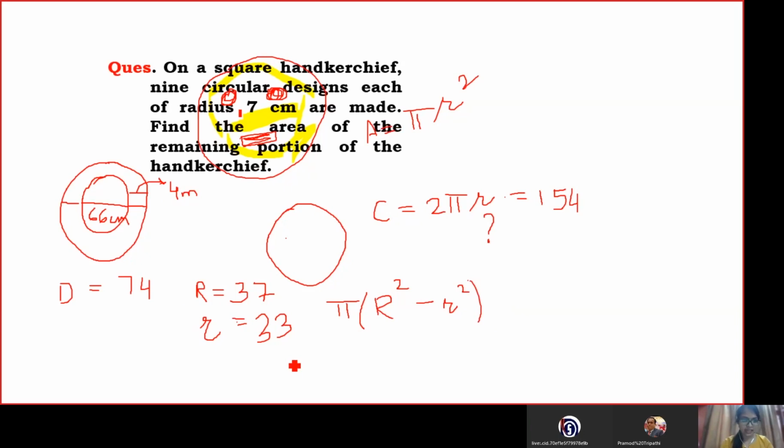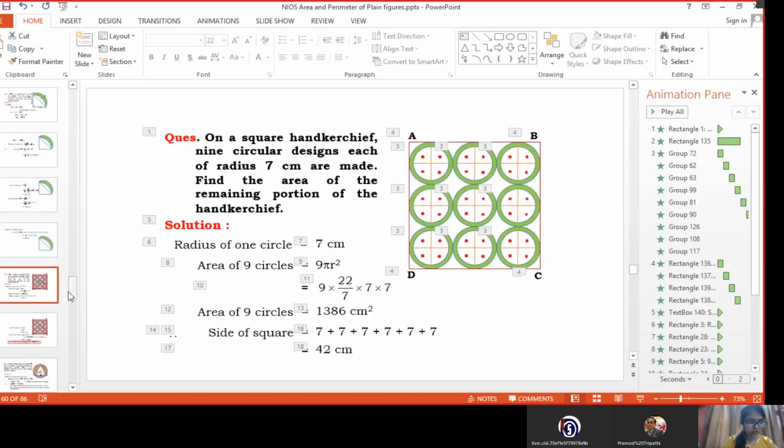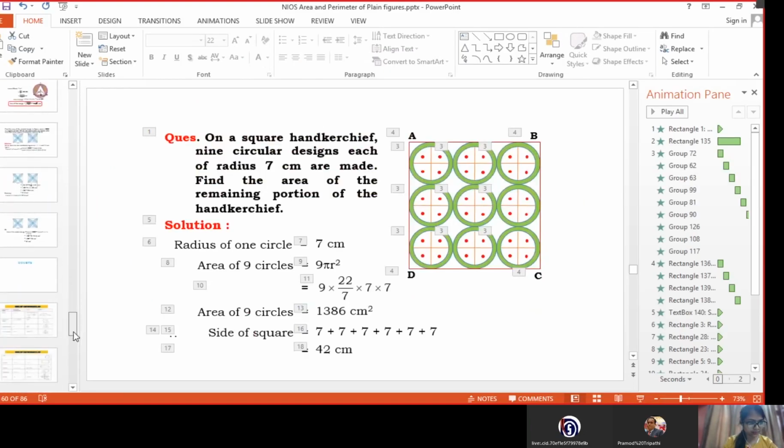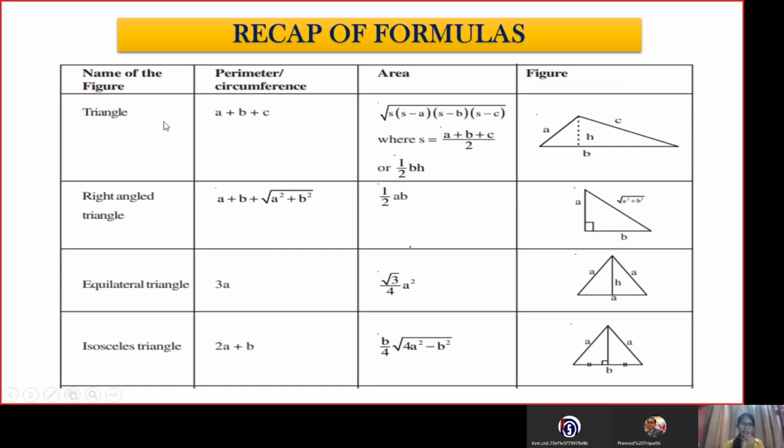Let's just recap very quickly all the formulas. So children, in today's class, we have understood the formula of a triangle. The area of a triangle can be found out using two formulas: half into base into height, and also by using Heron's formula, that is square root of s into s minus a into s minus b into s minus c.